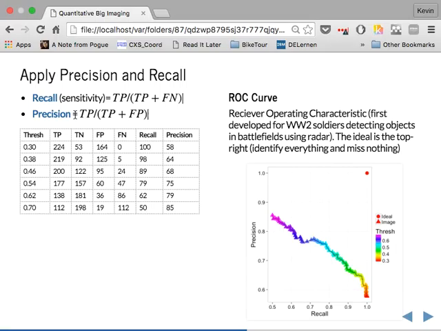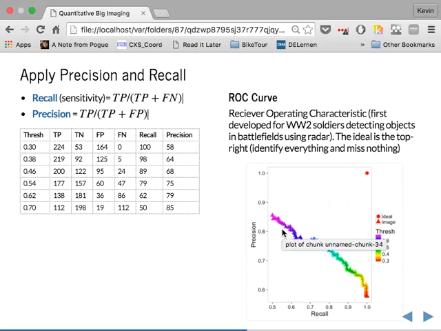They're the standard terms used to evaluate these models, where you calculate the sensitivity as the true positives over the true positives plus the false negatives, and the precision as the true positives over the true positives plus the false positives. And so what we end up with for this curve is this thing called an ROC curve.